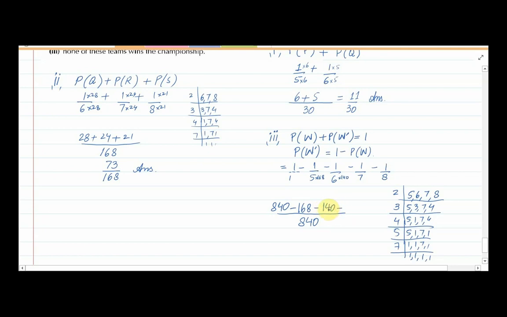After that 7 should be multiplied with 120, and at last you have 8, it should be multiplied with 105.